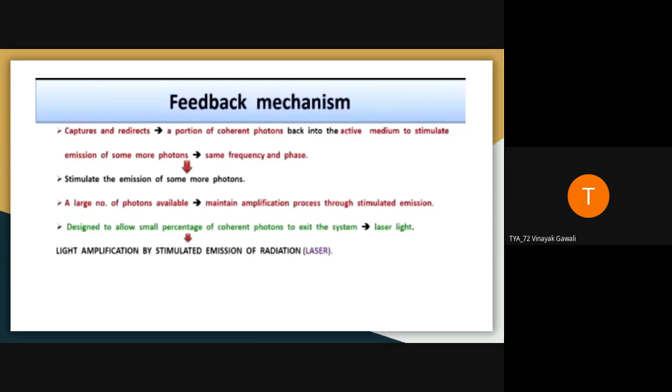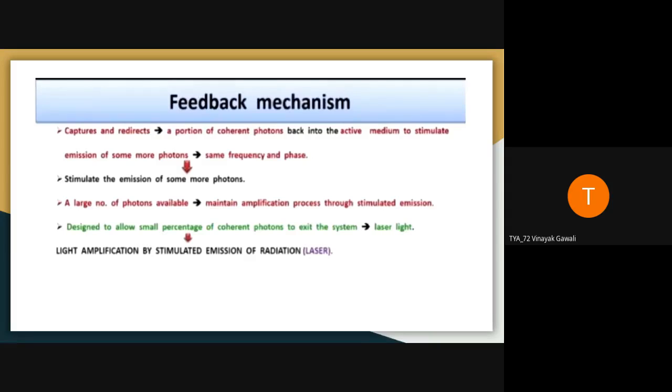So that it stimulates more atoms of that lasing medium, and emission of more and more photons can be generated. More photons of the same frequency and same phase can be generated using this feedback mechanism.